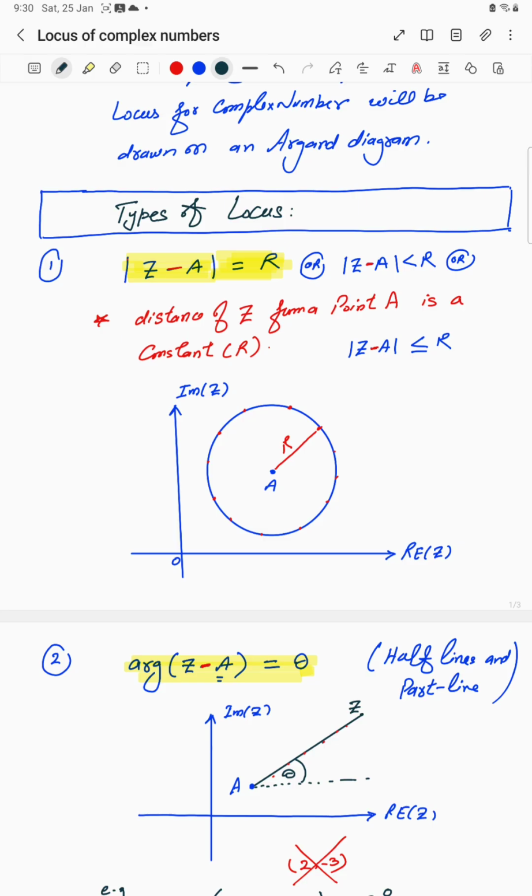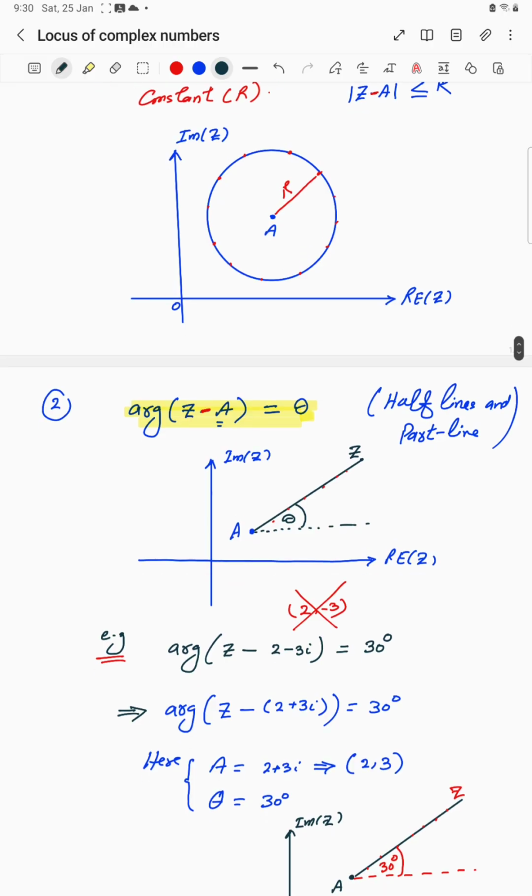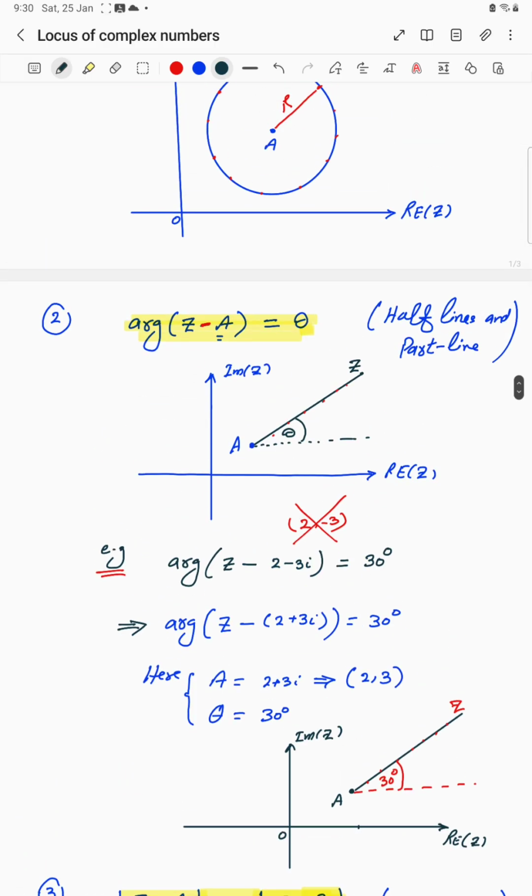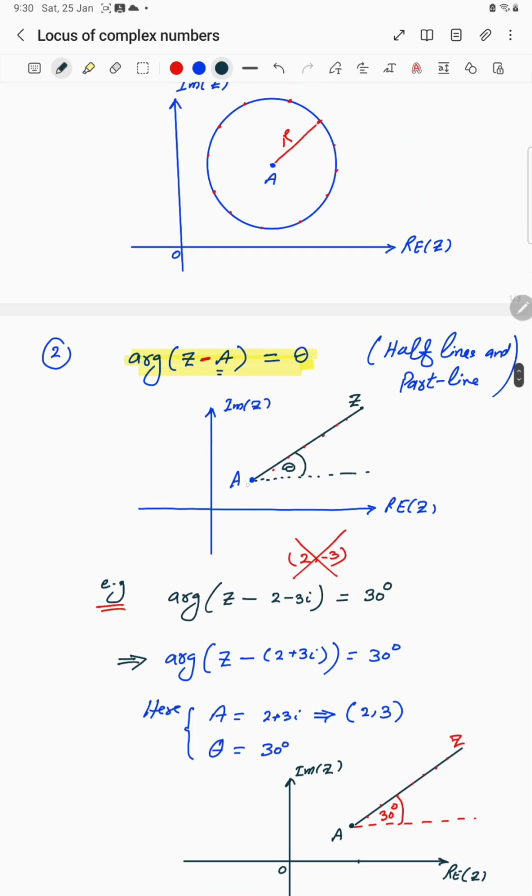But if the argument of z minus a is equal to theta, it means the angle you will form is called a half line or ray. We call this a half line because if you proceed this line and want to get an angle bigger than this, it will not be true for theta, it will be bigger than theta.